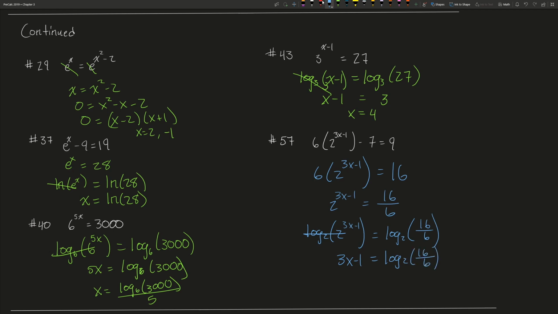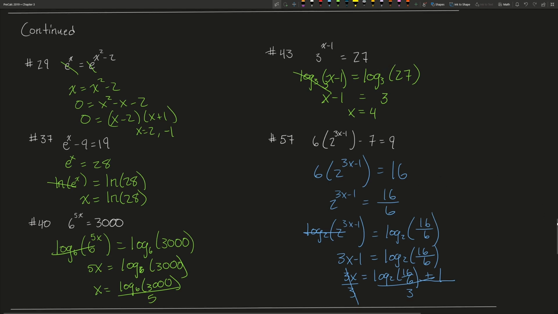And again, the rest is just algebra. So if we add 1 to both sides, 3x will equal log base 2 of 16 over 6 plus 1. And then we have to divide 3 on both sides. And when we do that, we get x is equal to log base 2 of 16 divided by 6 plus 1, and then divide all that by 3.